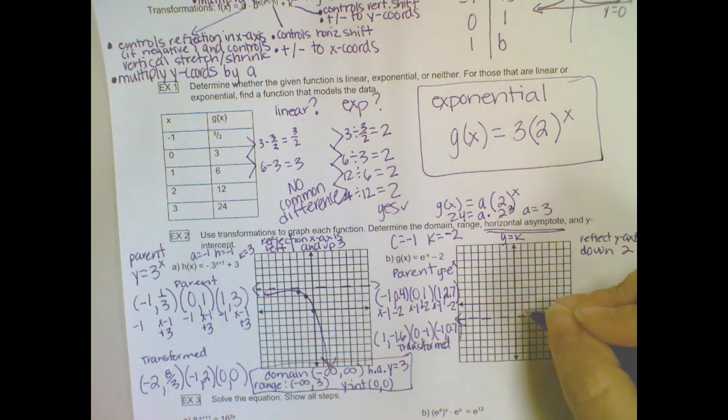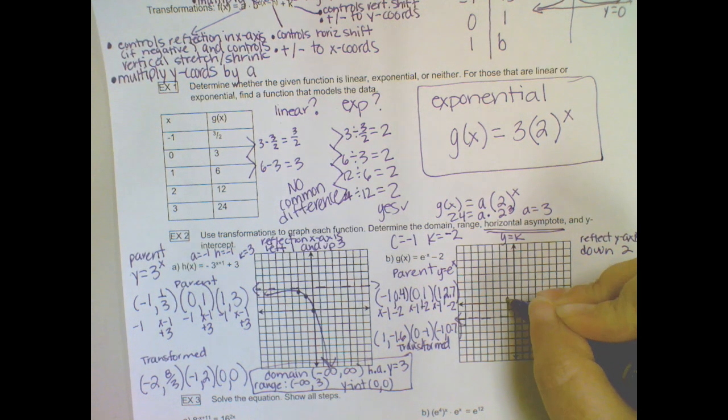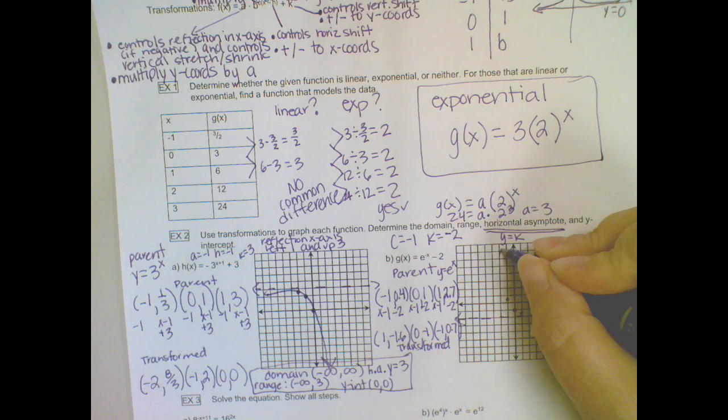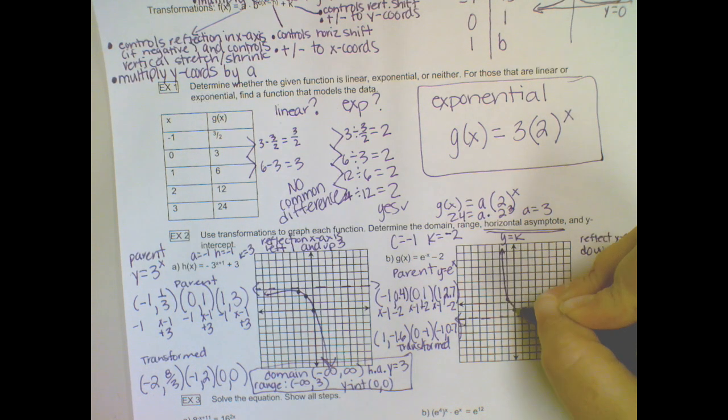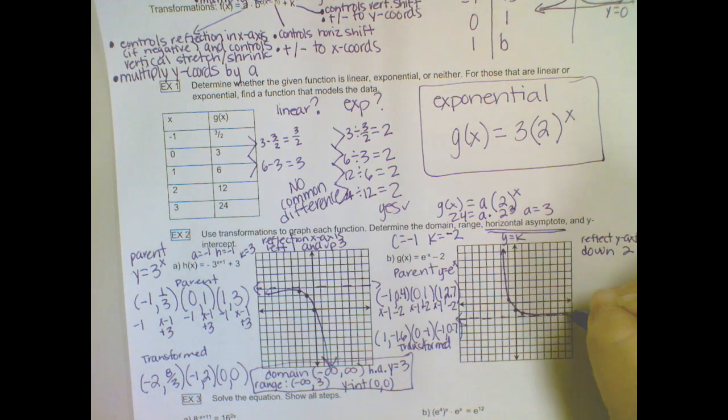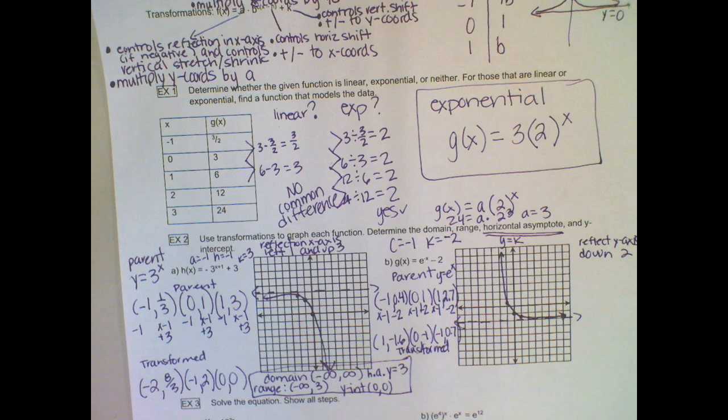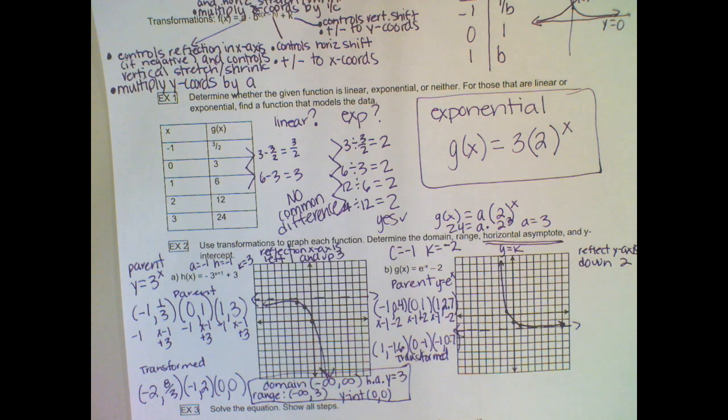So 1, -1.6. Then I have 0, -1, and -1, 0.7. So here are my points. And there is my graph.